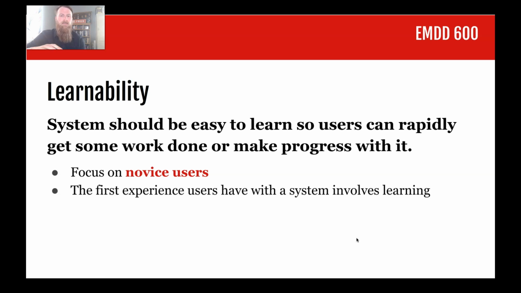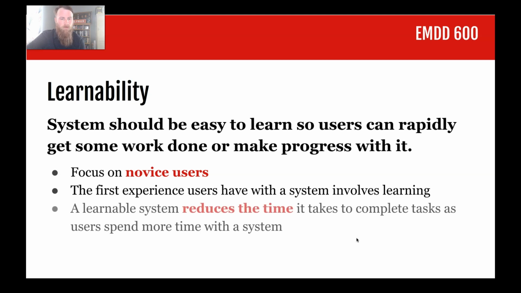Typically, this is a case where, the first experience that users have with a system, whether it's Amazon or the Ball State app or any number of things, there's going to be some sort of learning curve. They're going to have to get in the box. They're going to have to do things to understand what they need from it and whether it's providing that for them.